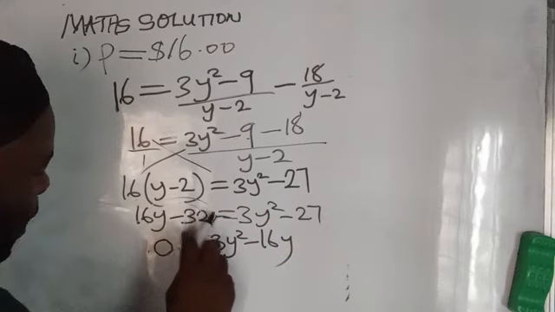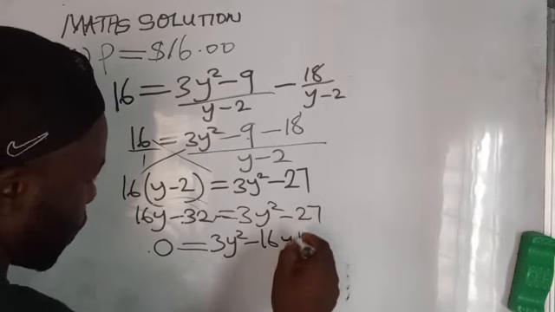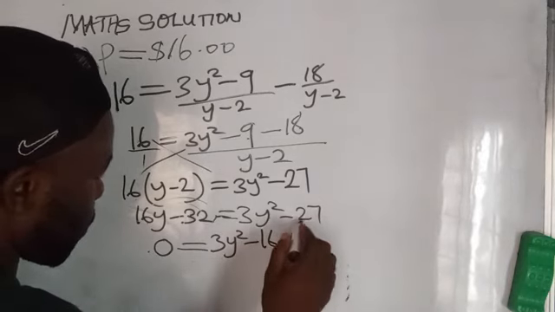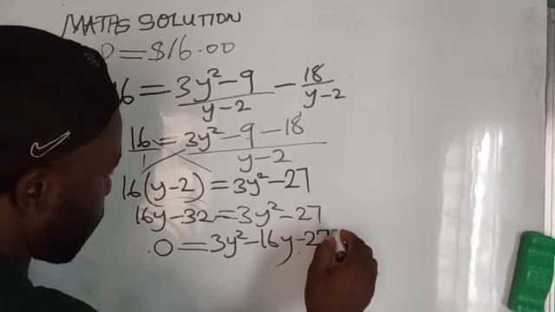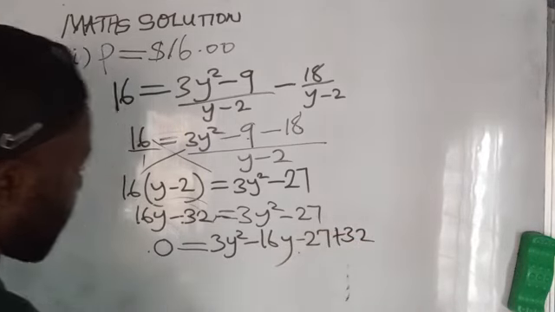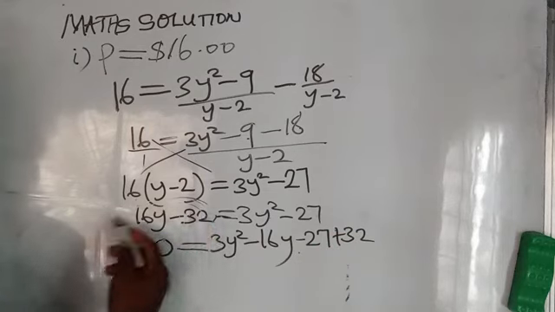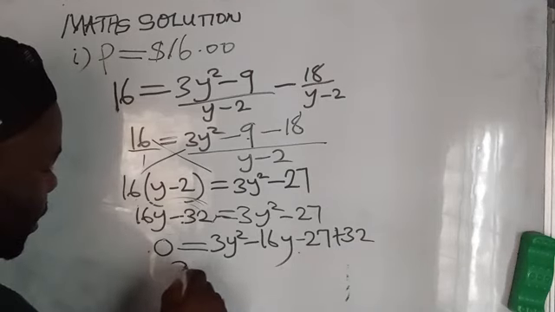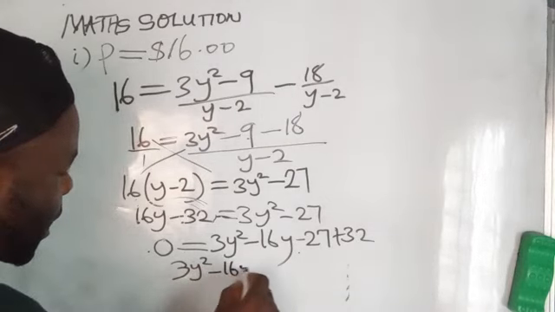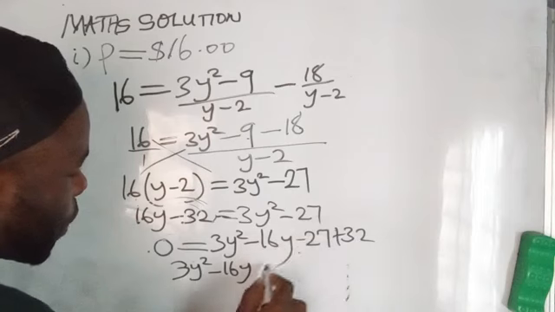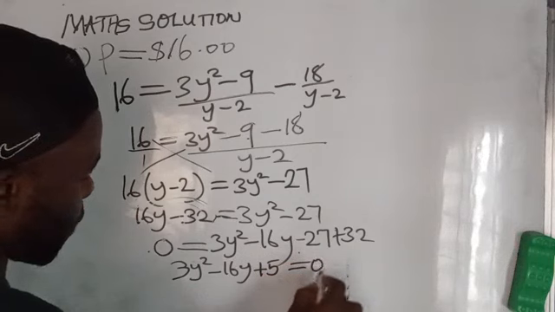Then minus 32 crossing becomes plus 32, with the minus 27 already existing. So 3y² minus 16y, minus 27 plus 32 gives plus 5, equal to 0.